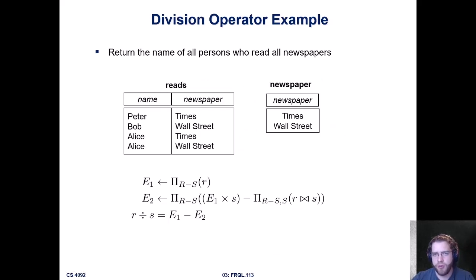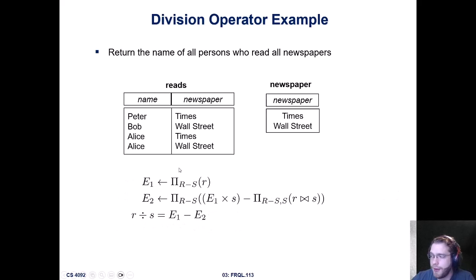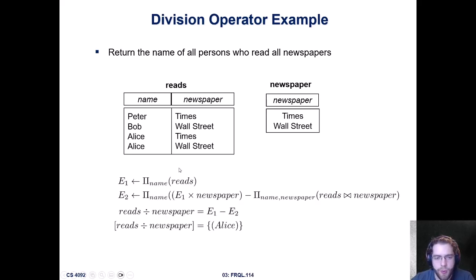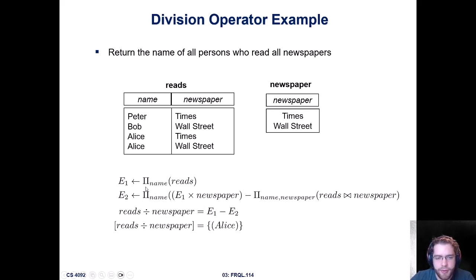So for one more division operator example, we're going to take a look at what this looks like intersected with names. If we read through this, this is the same formula as what we had in the last slide. What we're essentially saying is that from my relation reads, project the name of everyone that has ever read anything in here. So again, that's all the population.